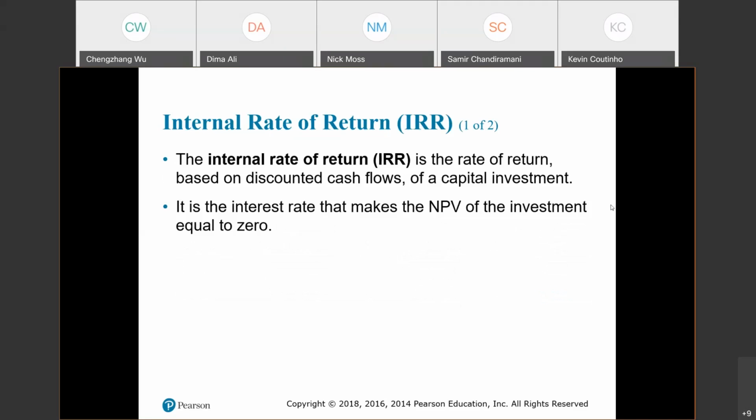IRR is actually the rate of return of capital investments. It is the interest rate that makes the NPV of the investments equal to 0.